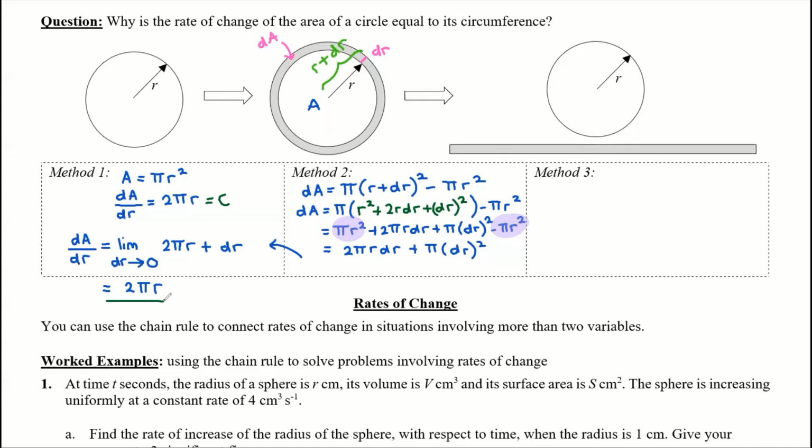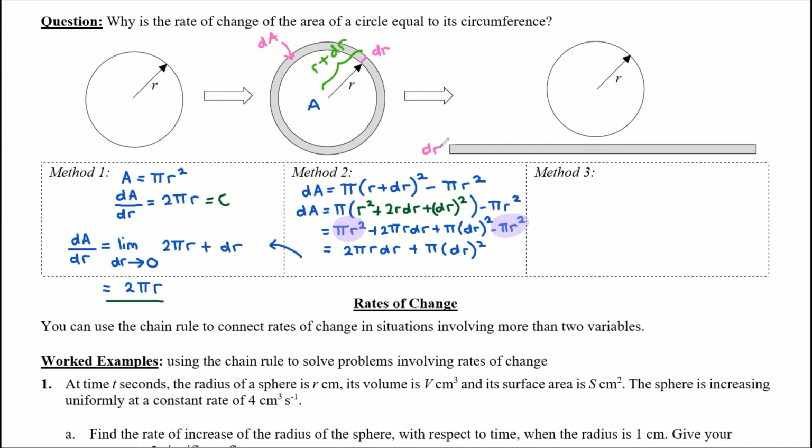Now, perhaps a more intuitive way is, rather than calculating the area of the annulus like that, what we can do is, for method 3, we can say, well, we decided in the second step that this has a width of dr, and as you know from experience, when you do the surface area of a cylinder, when you unravel a layer from a circle, the length of it must be 2 pi r.